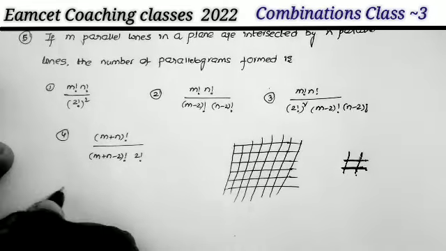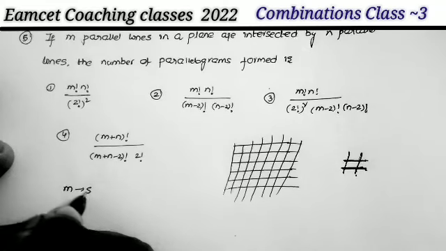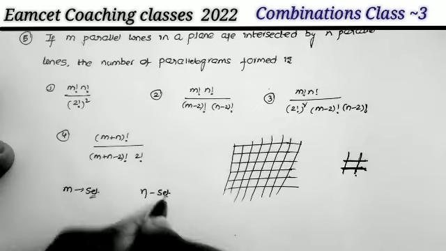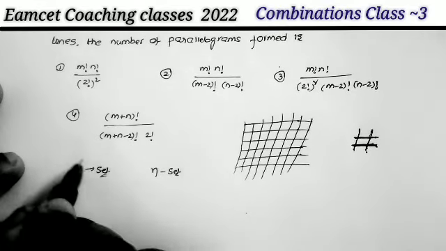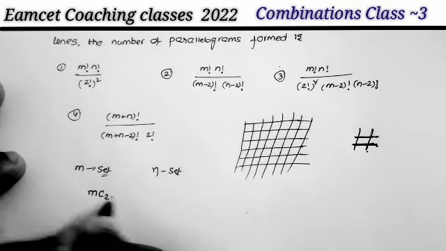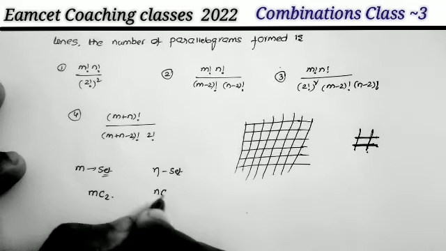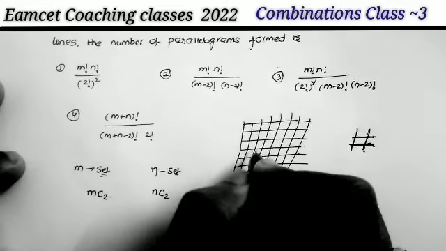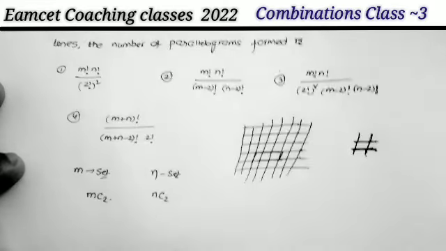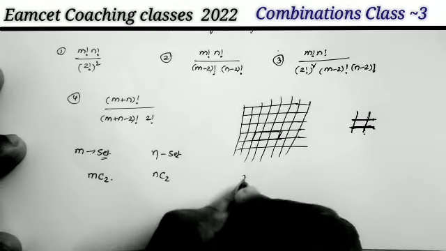The first set of parallel lines is equal to m, and the second set is equal to n. So first I am selecting 2 parallel lines from the first set, and 2 parallel lines from the second set. That is like these 2 and these 2. Then we get the parallelogram. Okay, like that. So what will be the answer here?